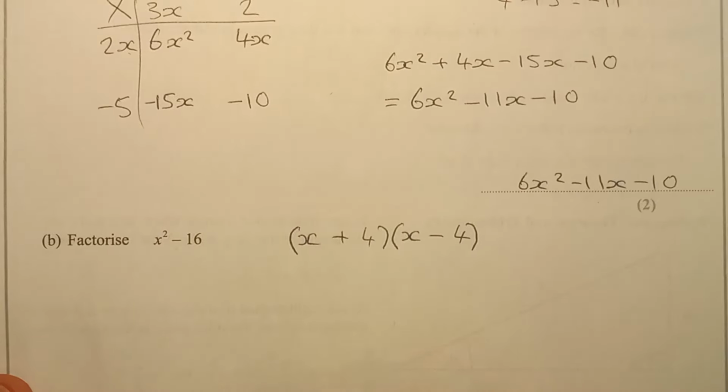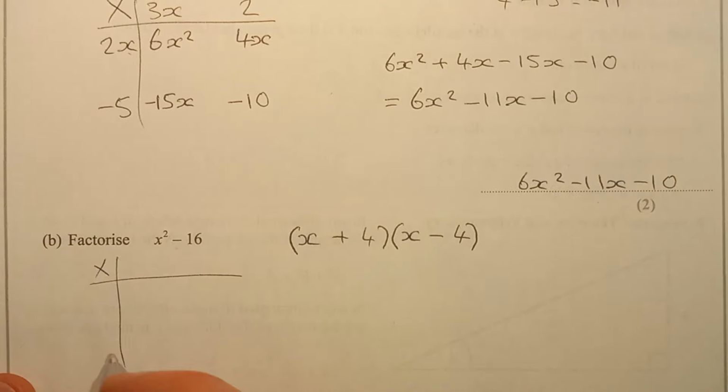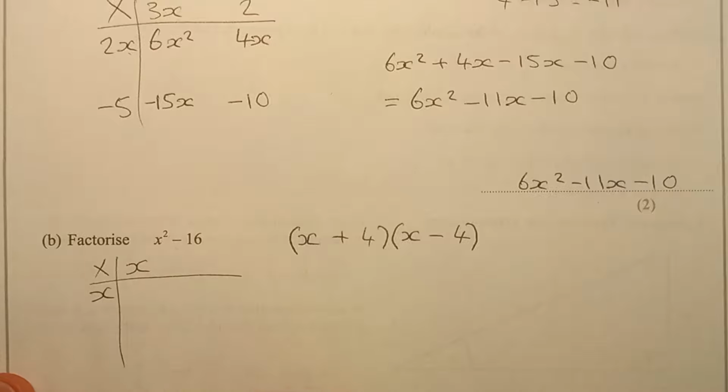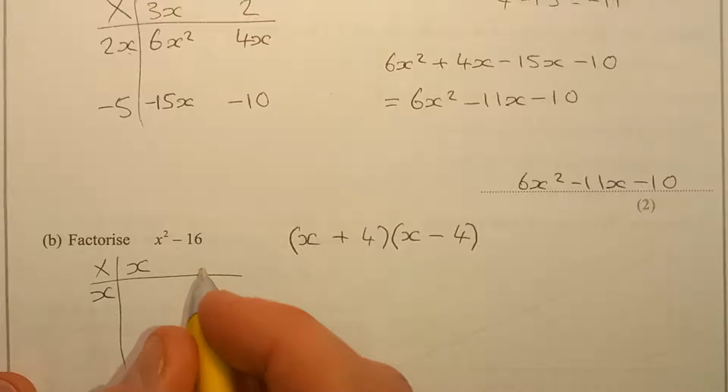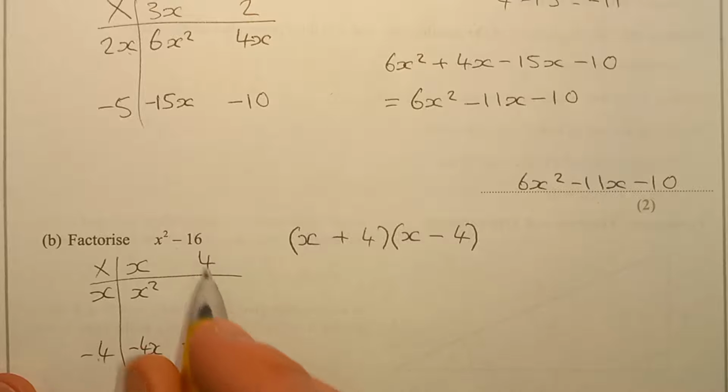Now I'm going to show a slightly different way. If we did this way, this would be saying, well, I know I'm going to have an x and an x, and I know I'm going to need to make 16, so we're going to have x squared here, and we're going to have minus 16 down here. So if we have a plus 4 and a minus 4, then when we multiply them by the x, we get minus 4x, up here we'll have 4x.